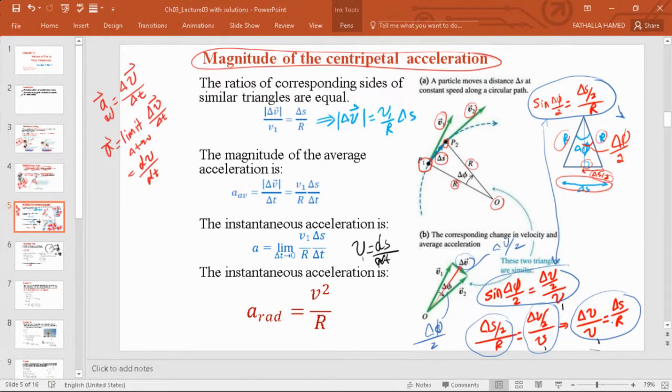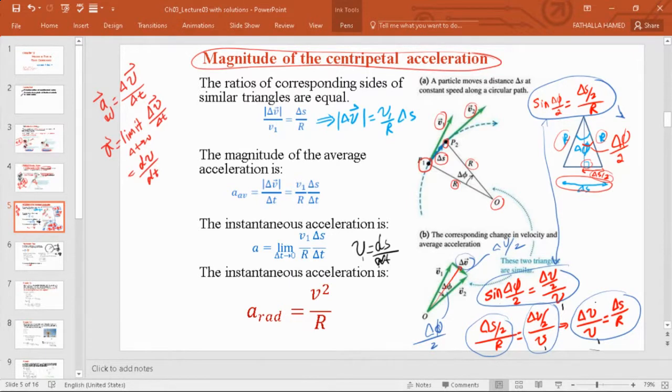Now it comes to calculating my acceleration. My average acceleration is equal to delta V over delta T. So I need to calculate delta V. Now we say here that delta V has an absolute value around it. That means I'm taking the magnitude.